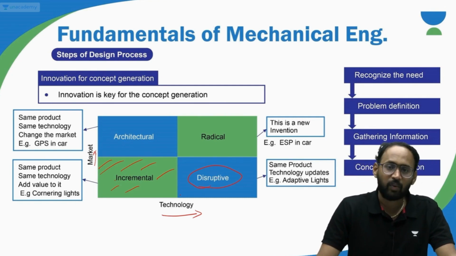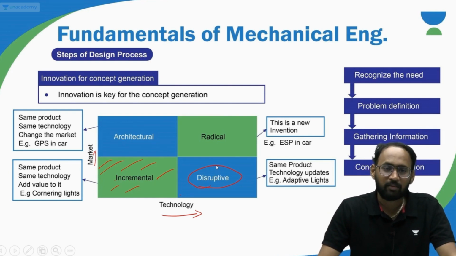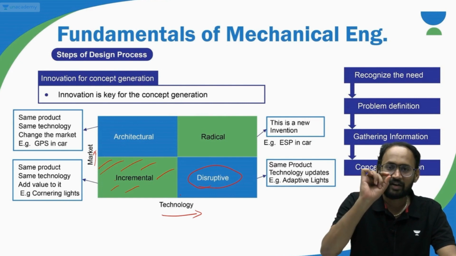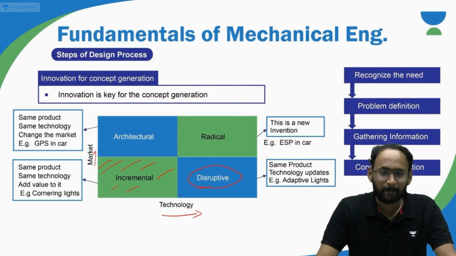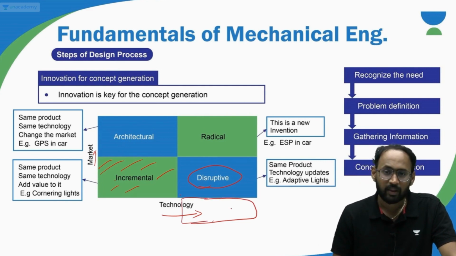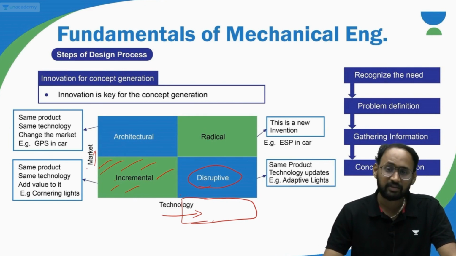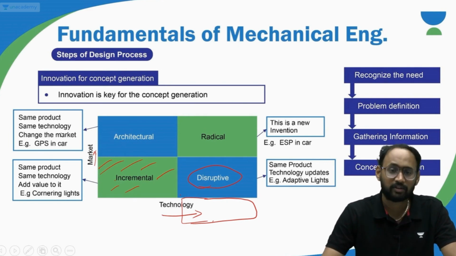Disruptive innovation is where your product increment is not the delta, or the small portion. You need huge change in the technology. You need high advanced technology, but your market is small.